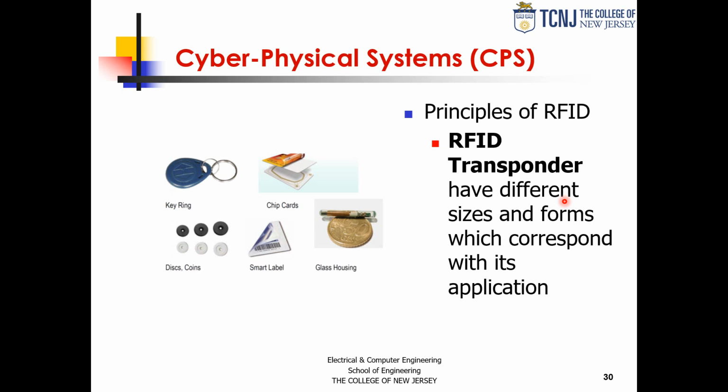And from first-hand experience, I know that these discs are very tough from an environmental perspective. They're basically plastic completely molded solidly around the circuitry and the antenna and the coil.